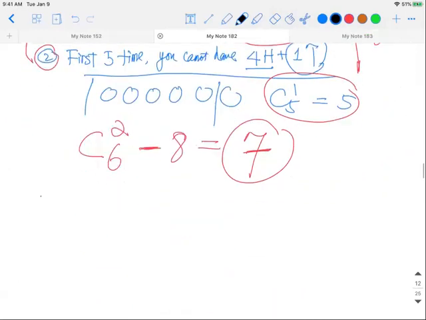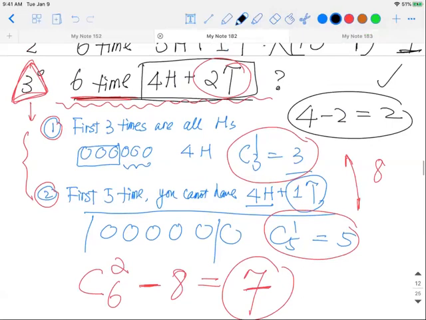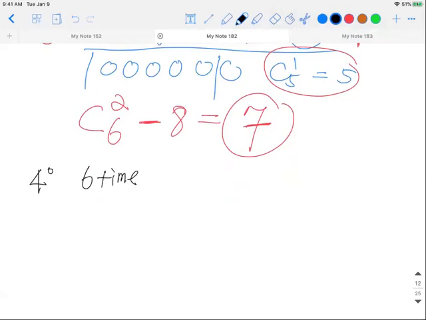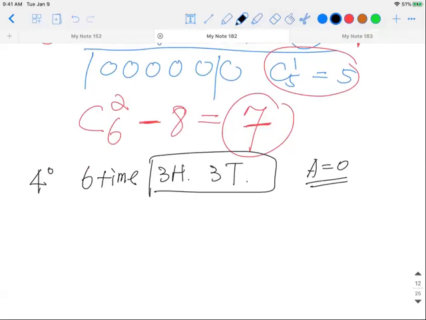Let's go to number 4. 6 times 4 heads 2 tails. 6 times 3 heads 3 tails. This is possible, right? 6 times 3 heads 3 tails. Who can tell me how can you arrange this 3 heads 3 tails? 3 heads 3 tails equals to 0, right? That's quite possible.